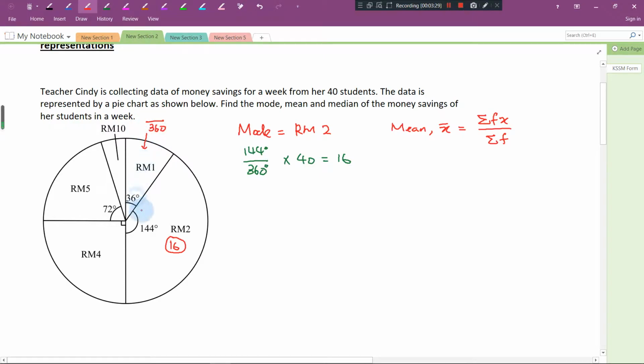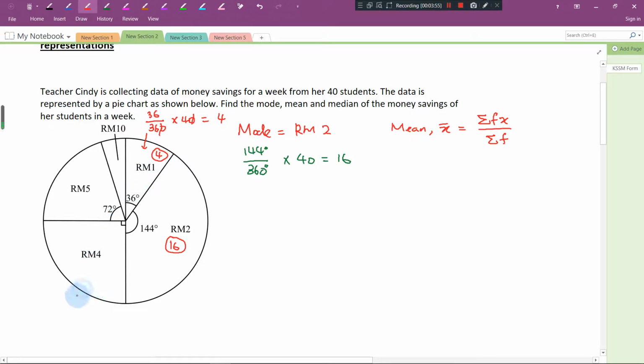Same thing, a full turn will be 360 degrees and this sector takes up 36 degrees. Okay, times 40. So this is 4. Okay, so the frequency for RM1 is 4. It means that there are 4 students who save RM1 in a week.